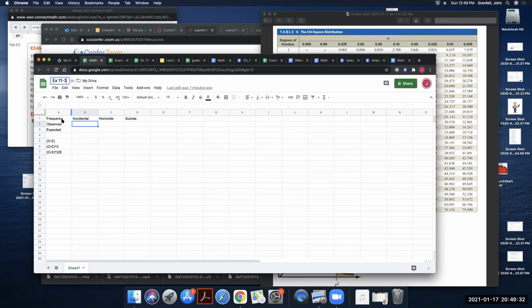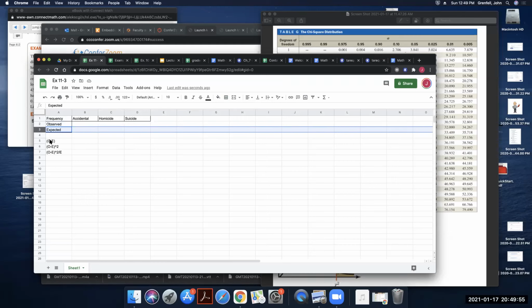And you can see I've built a little table for the frequency and the categories going across. Make that look nice. And then I've got the observed frequencies and expected frequencies. So that's what's going to be in each of these rows. In all of row 2, we're going to have the observed values. And in row 3, we're going to have the expected values.